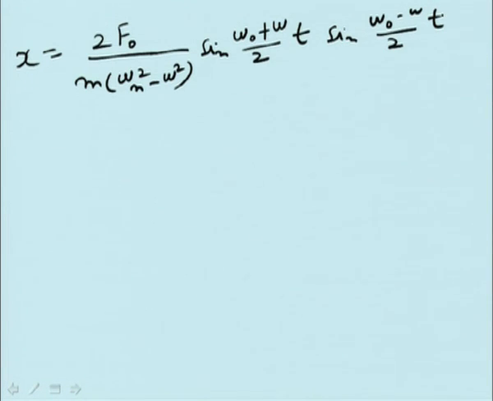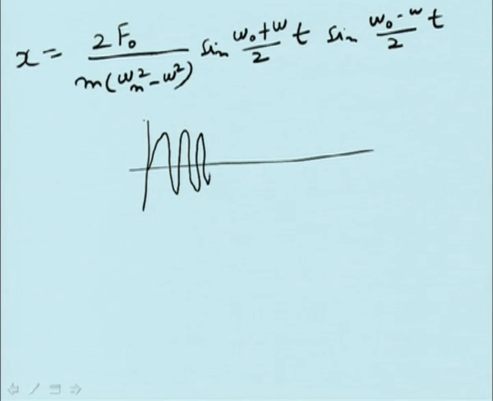So if we plot this thing here, the plot may look something like this. And then again it goes like this.